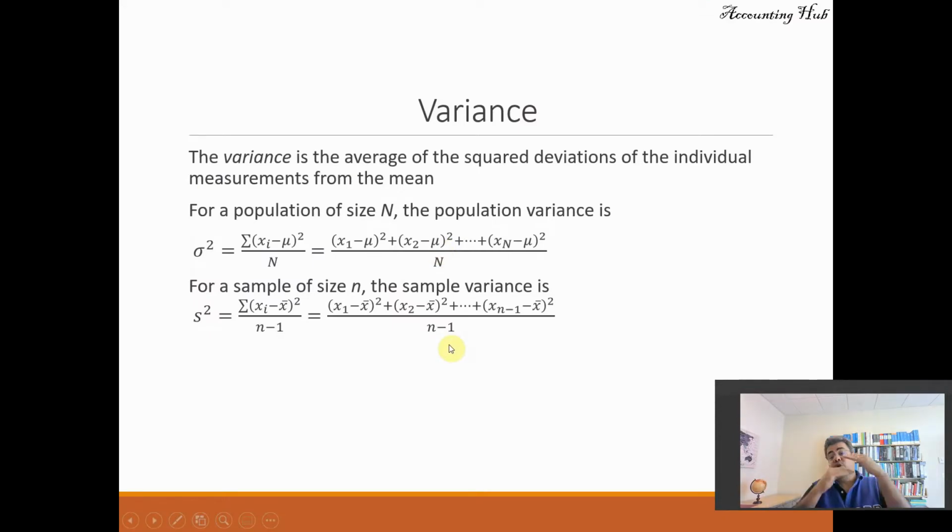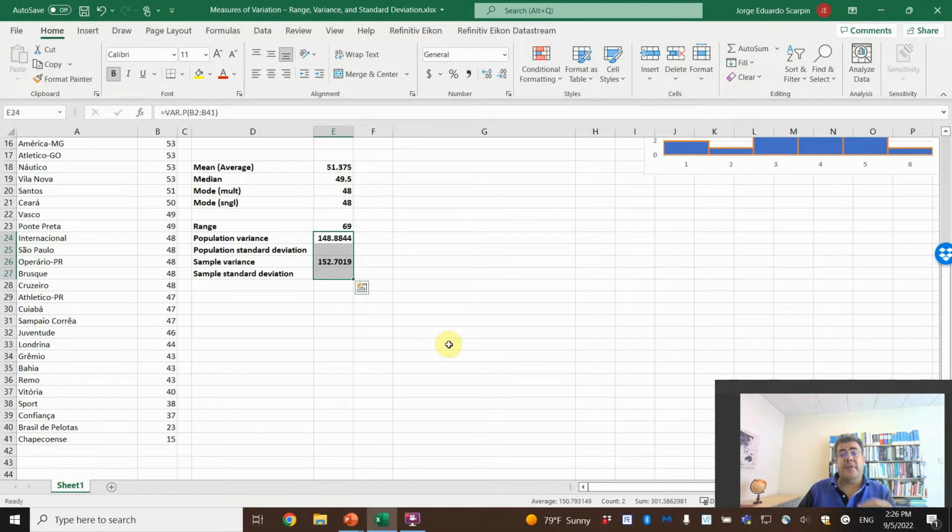So the denominator will always be lower. However, if we are talking about a very large sample, then the numbers will be almost the same. For instance, a sample of 2,000 observations divided by 2,000 or by 1,999, the number will not be that different. Even here, divided by 40 or by 39, the number is 152, not that different.